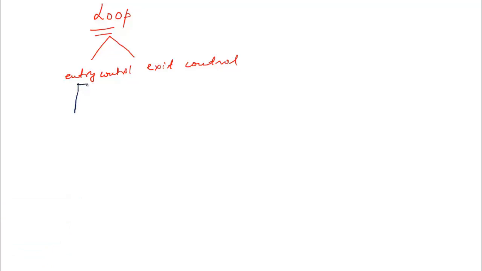One is the for loop, and another is the while loop. And exit control loop is here, only one loop here, do while loop. So we will learn all these loops in great detail. So in today's class we will mainly discuss the for loop.